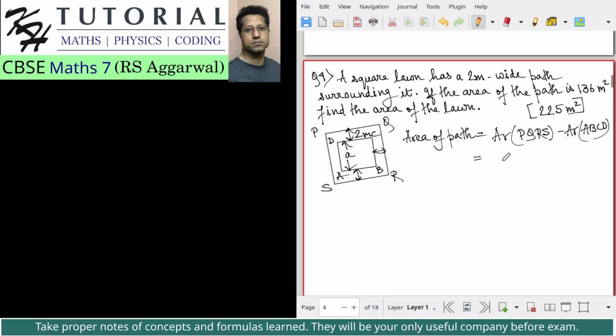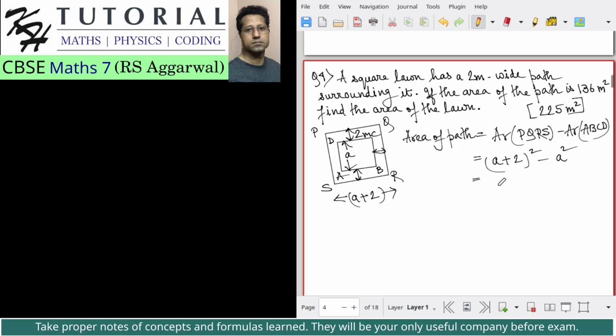What is the area of the outer edge PQRS? It is also a square, and the length of its side will be A plus 2, where A is the length of each side of the square lawn. So area of PQRS is A plus 2 whole square, minus area of the square ABCD, which is A square.